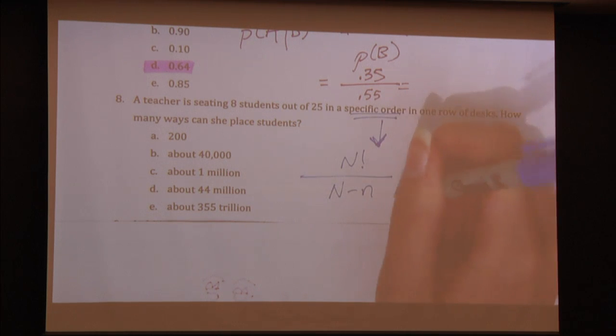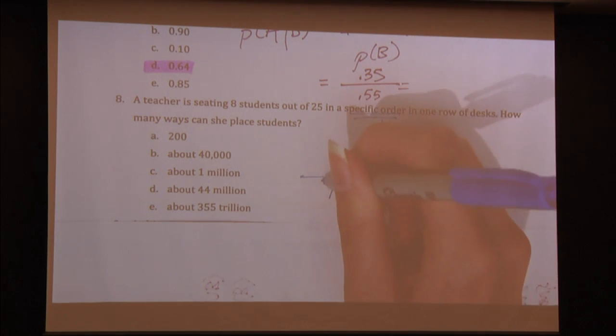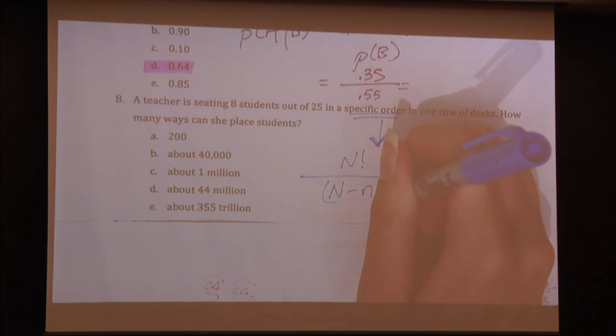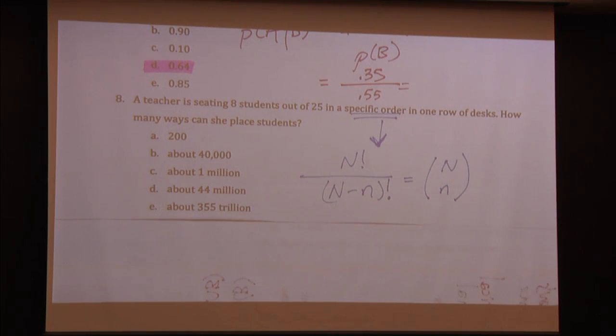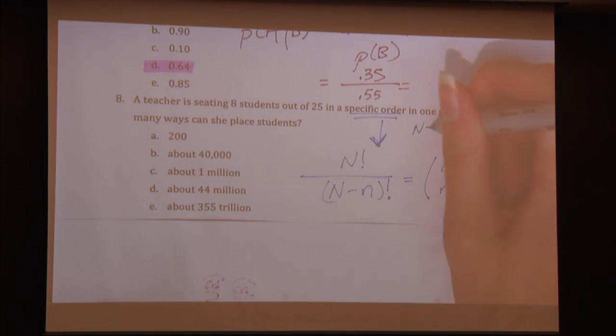Is the factorial on the outside of a parenthesis? Okay, we're choosing little n from big N. So what's our big N for this problem? Our big N equals 25, and that leaves our little n as 8.